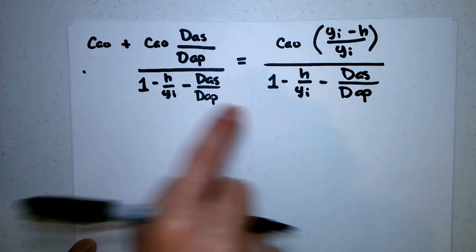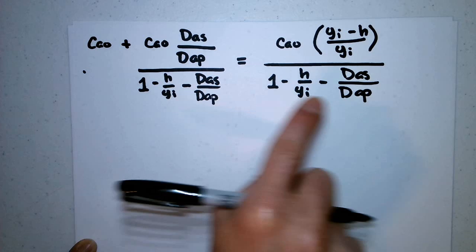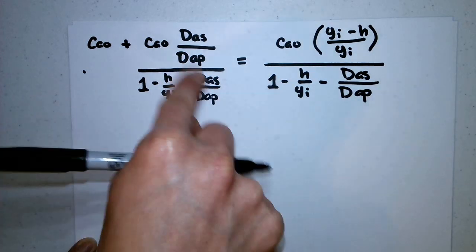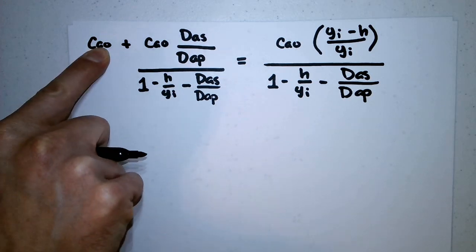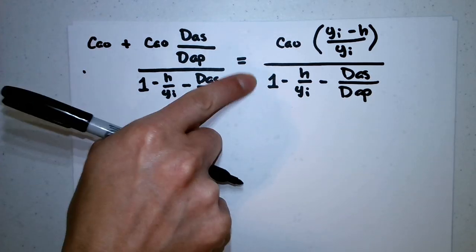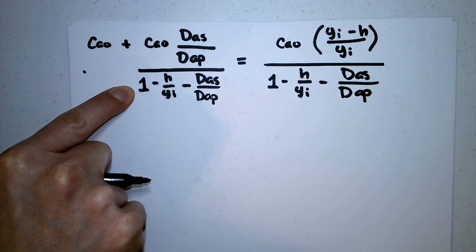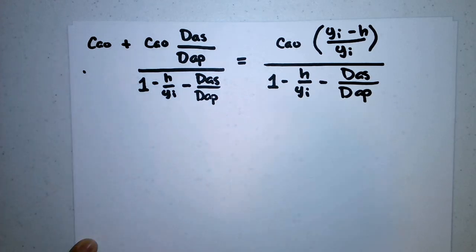So the first thing we can do is, if we get this over a common denominator, then we can just eliminate the denominator and focus on the numerator here. So to do that, we'll need to multiply this by 1 so we don't change the equality here. So it'll have to be this denominator in both the numerator and denominator.